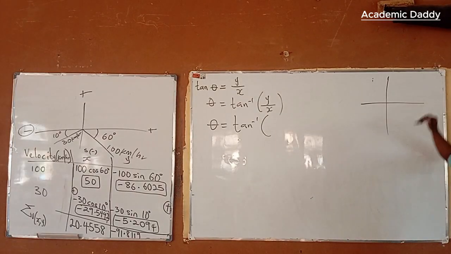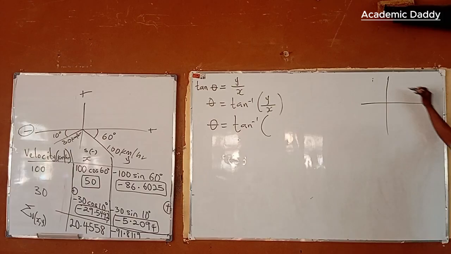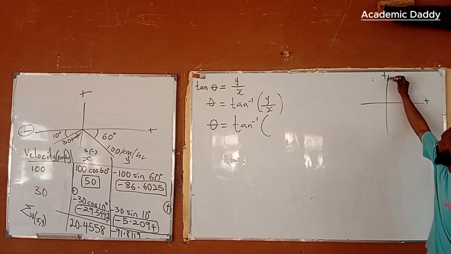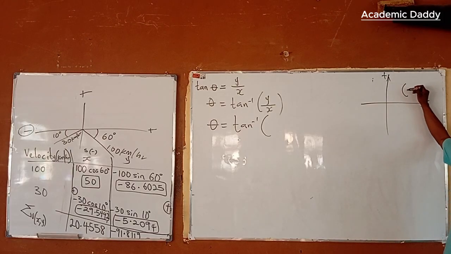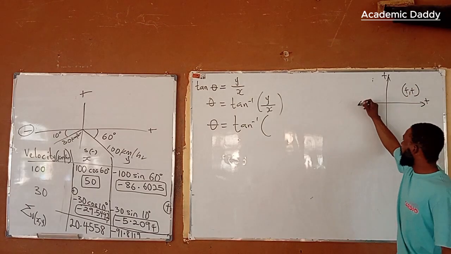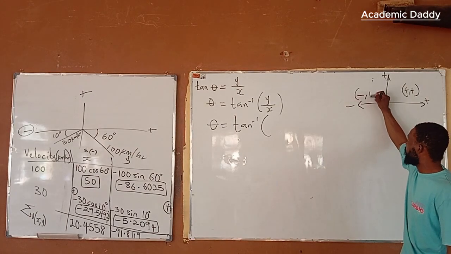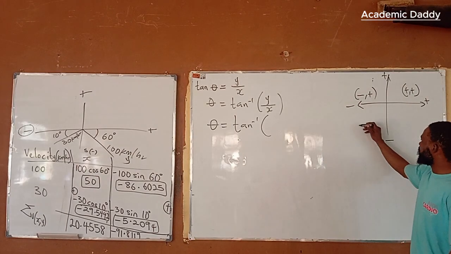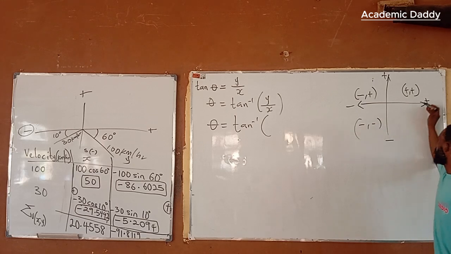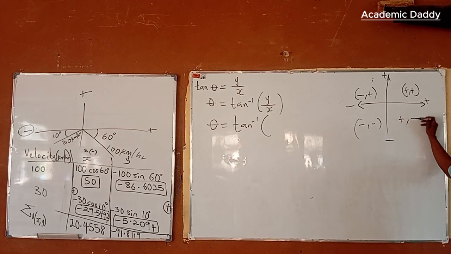In this quadrant, we have plus x and plus y. Now here, x always comes first, so I have minus for x and plus for y. Here I have minus for y. Then here I have plus for x and minus for y.